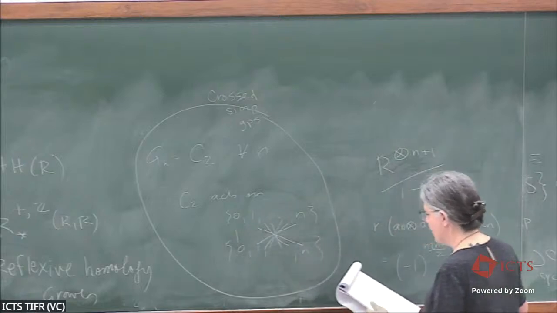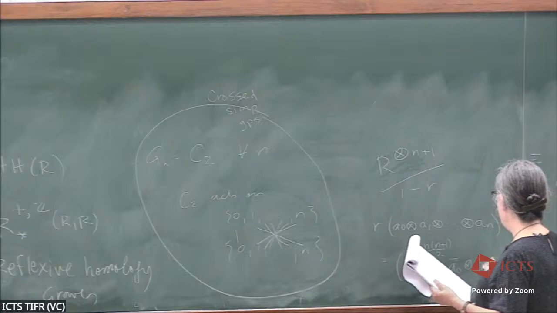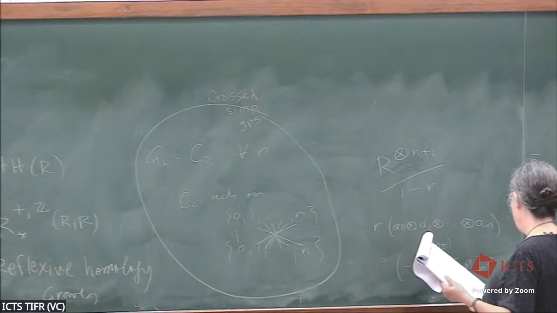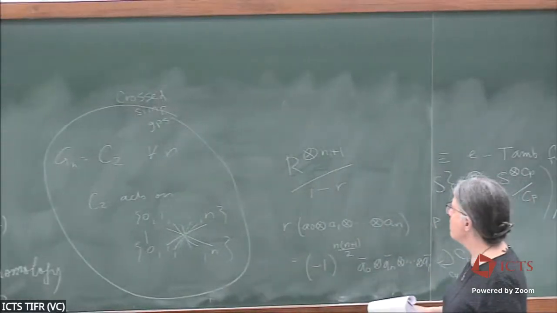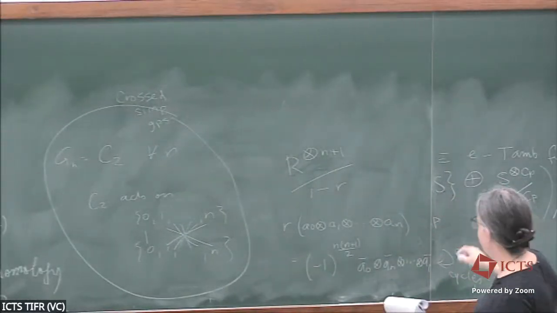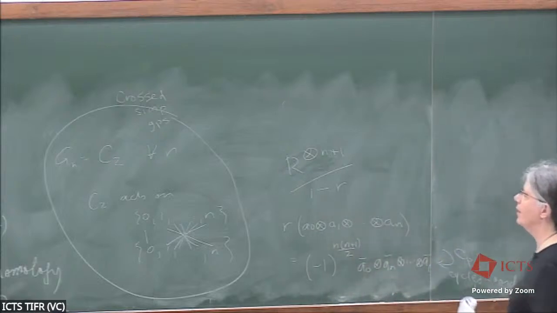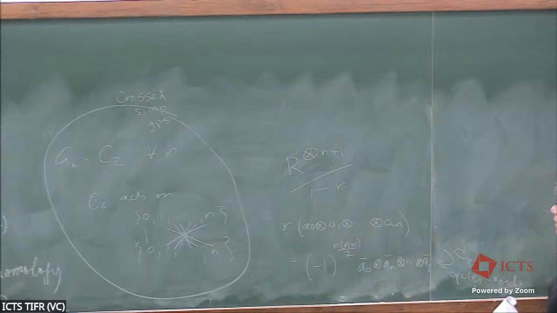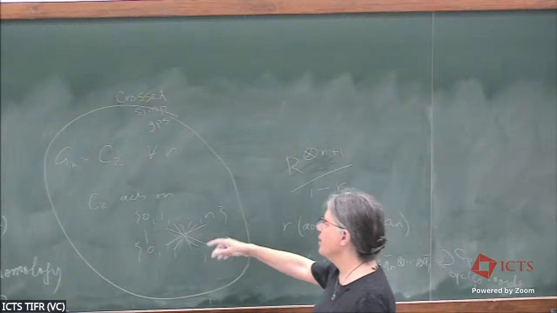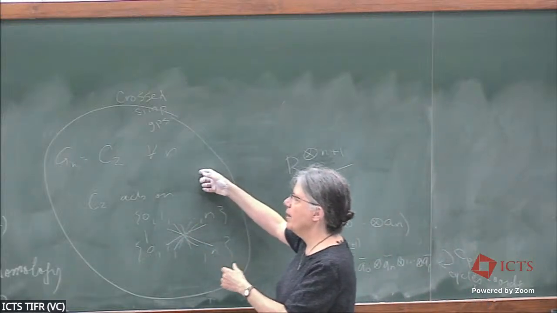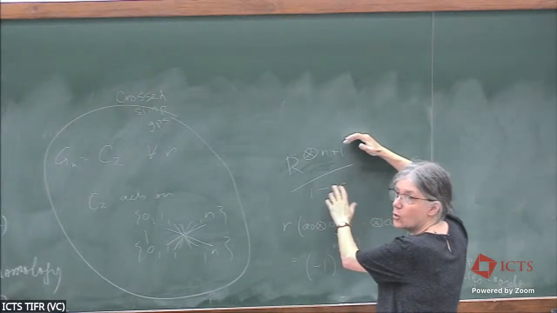So it's mod 4 periodicity, A0 bar tensor An bar tensor A1 bar. This is true if 2 is invertible in R. So the homology theory, which is reflexive homology, that's associated to this crossed simplicial group, in the case where half is in R, gives you the homology of this complex with respect to D.